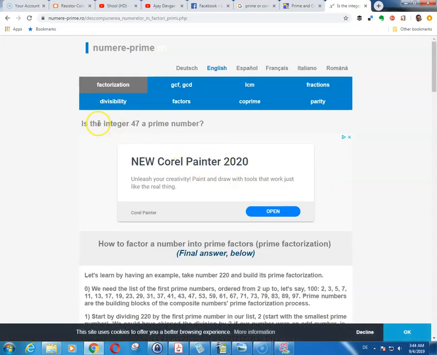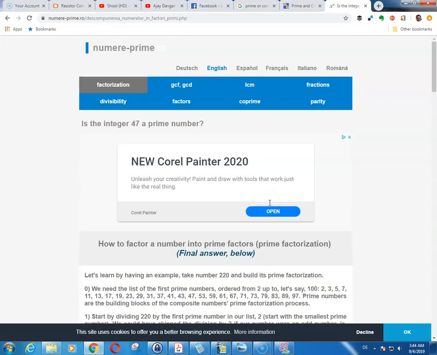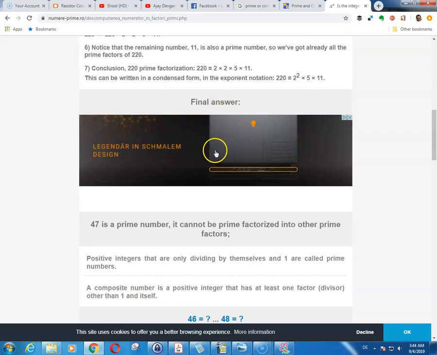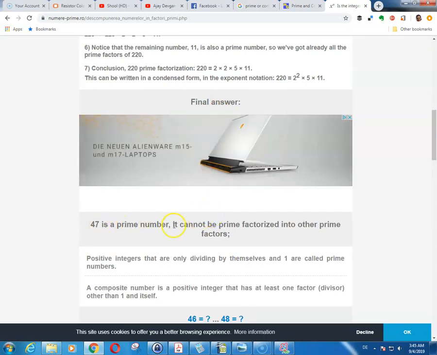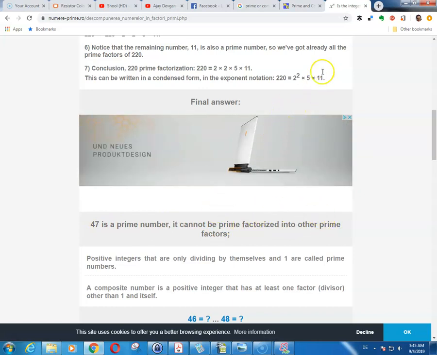It says the integer 47 is a prime number. It cannot be prime factorized into others. So 47 is a prime number.